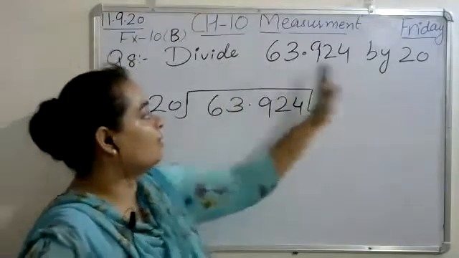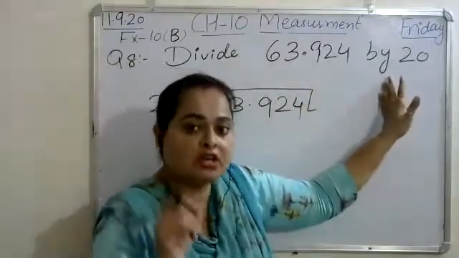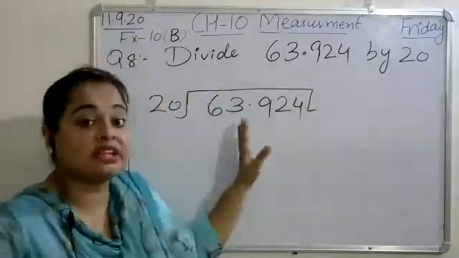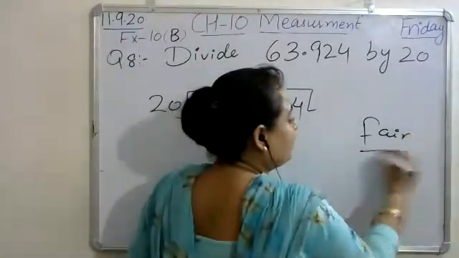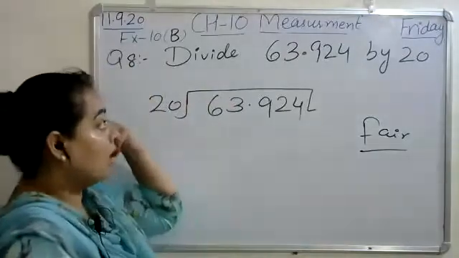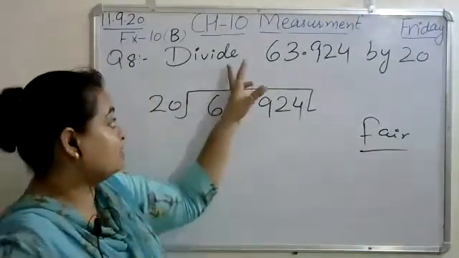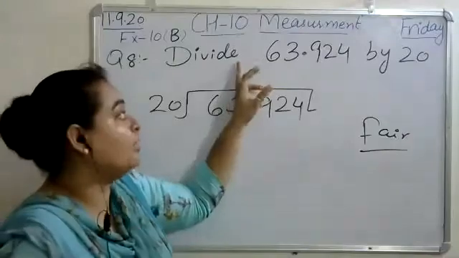As this sum is based on division, you will show this division work in fair, not in rough. I am repeating once again, as this sum is based on division, divide.